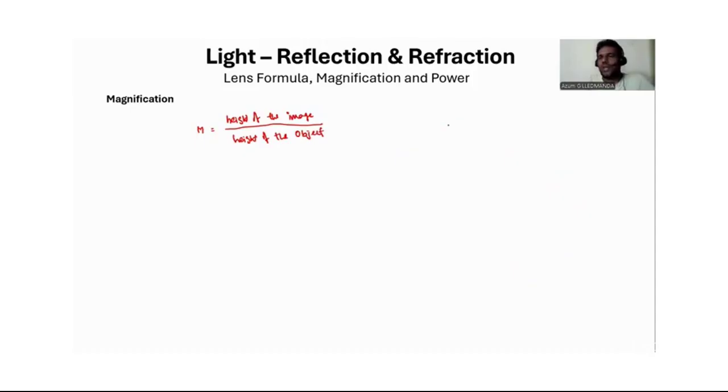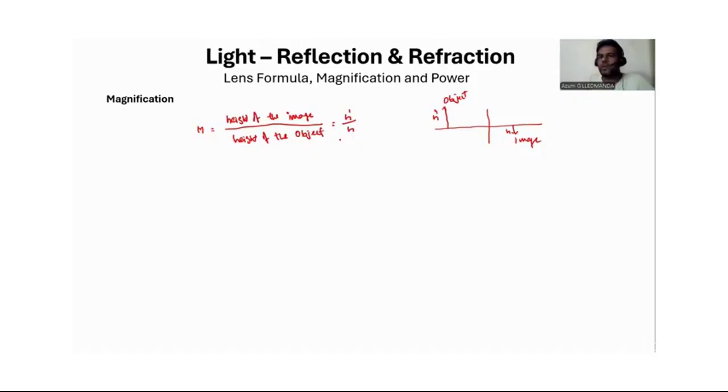So we know in the lens, let's say this is a lens, and let's say this is the object, and this is the image. We have different heights. Let's say this is h dash and this is h, the height. Then the magnification is h dash by h.